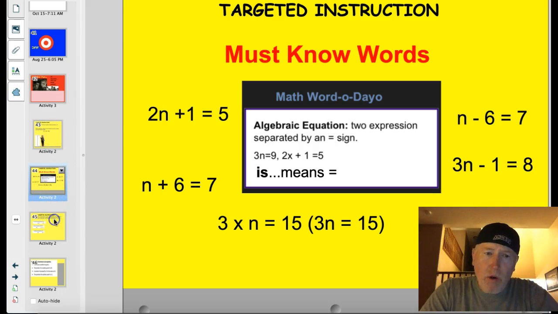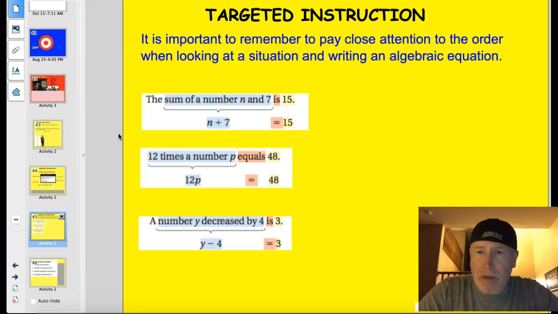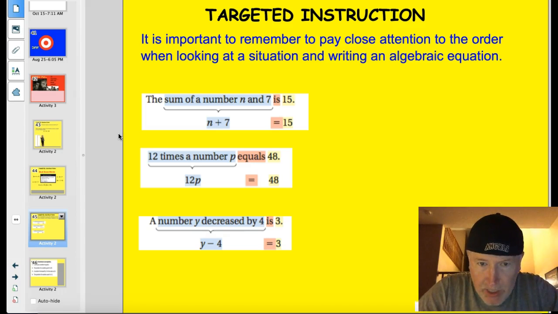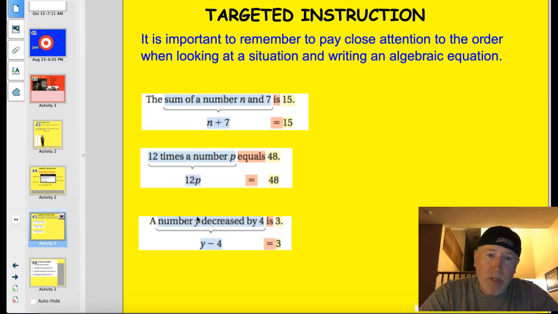All right, now, it's important to remember the order and pay close attention to that when looking at a situation. In this example here, the sum of a number n and 7 is 15. Here's that is. The sum of a number n and 7. So the n is first in this situation here. 12 times a number p equals 48. 12p equals 48.